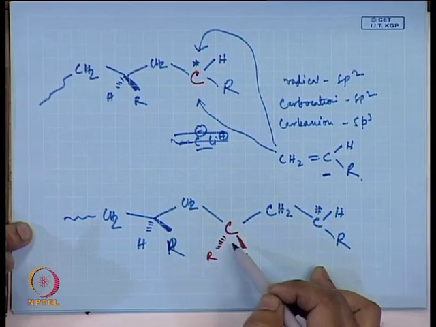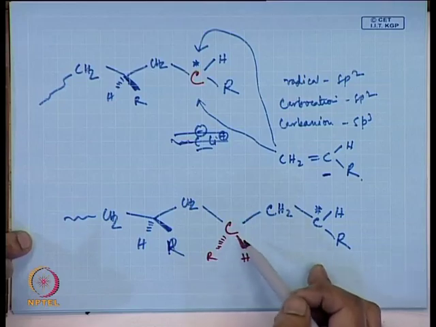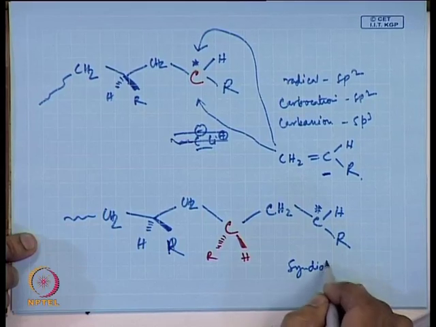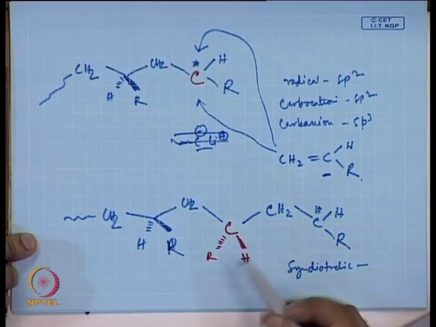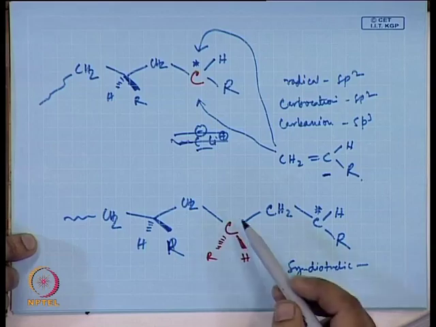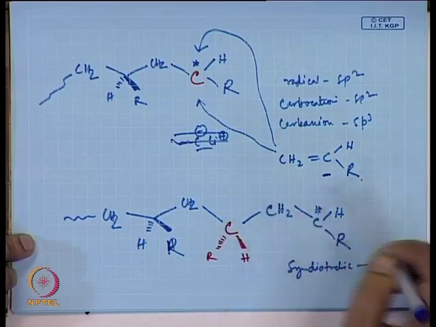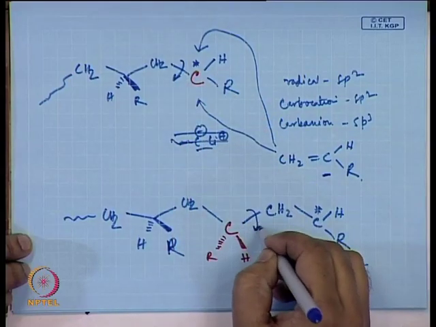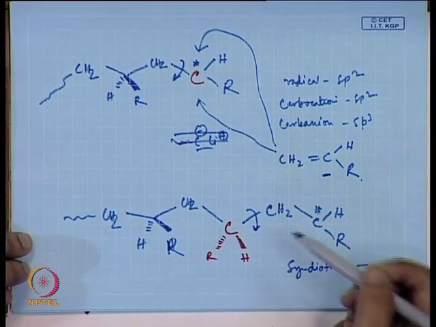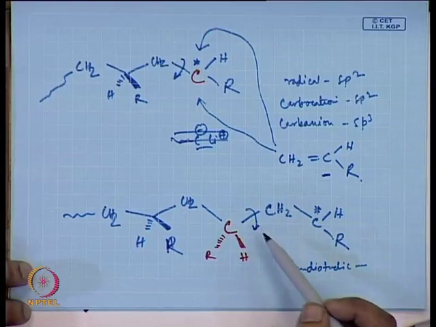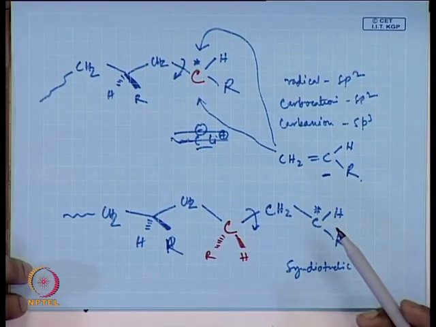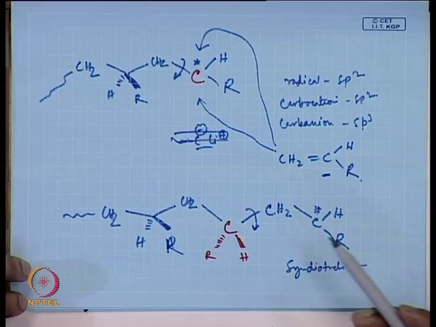So, unless there is a specific mechanism, in the normal case syndiotactic would be the preferred tacticity. Now, again this bond can rotate freely. So, obviously, if the temperature is higher, then it can rotate and form the isotactic linkage as well.